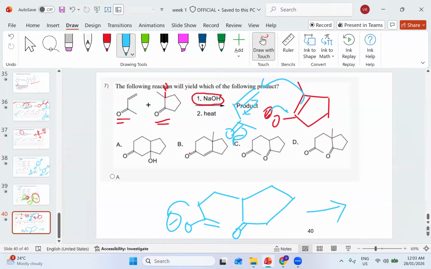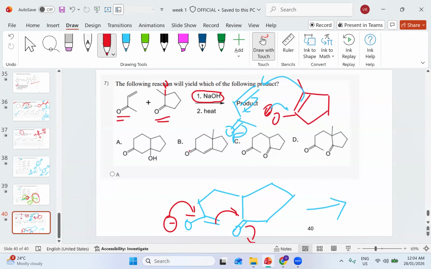And now when it goes back here, sorry, I will just draw with a different color. So basically we get the alcohol, that is option A. That's what we get in this.